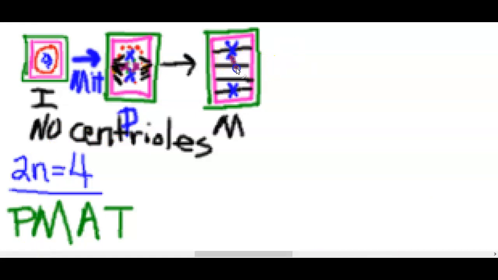So meta, middle. Dyads line up single file. And just like with the animal cell, or any cell that does not have a cell wall. And the key thing is whether they have a cell wall or not. Like fungus, they have a cell wall, they're going to do it sort of like this. So notice, they're going to be lined up single file.